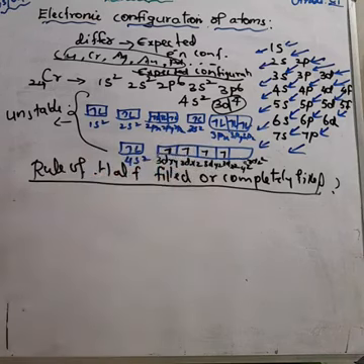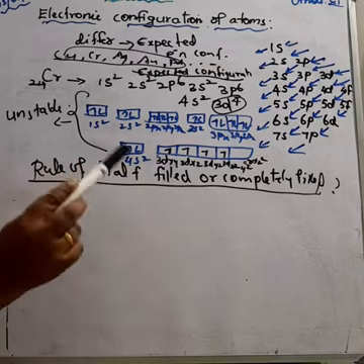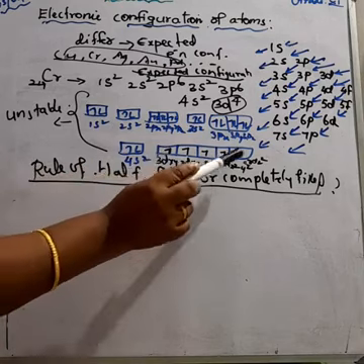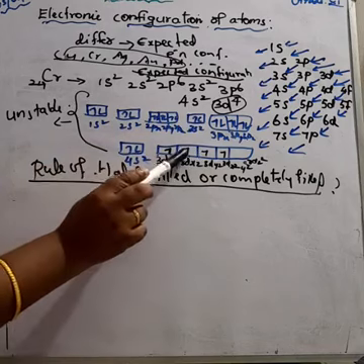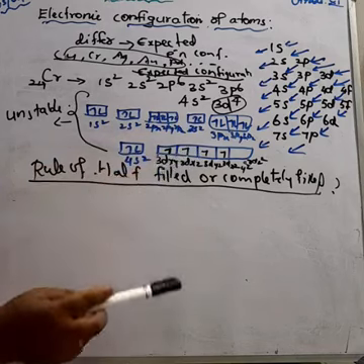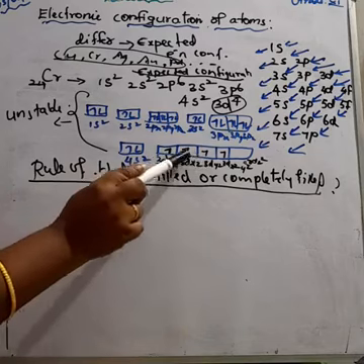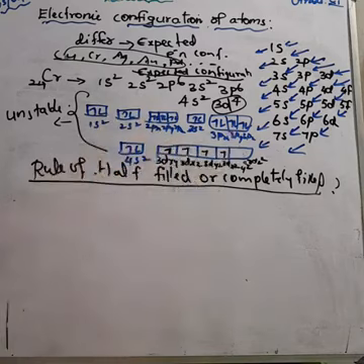Half-filled means, in the d subshell, totally 5 orbitals are there. To become half-filled, these 5 orbitals need 5 electrons. Then only it can be stable.